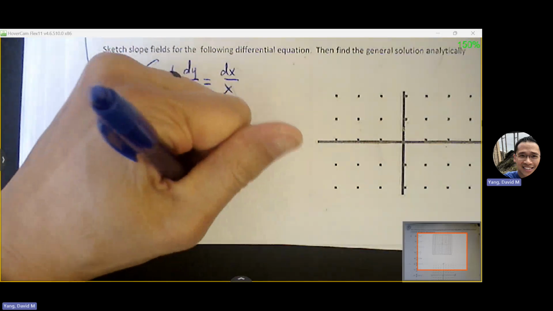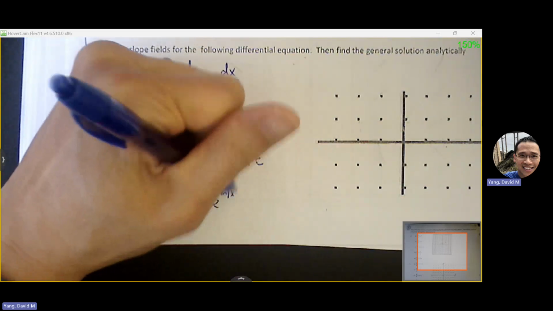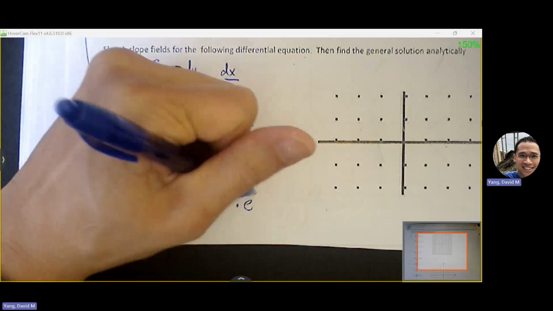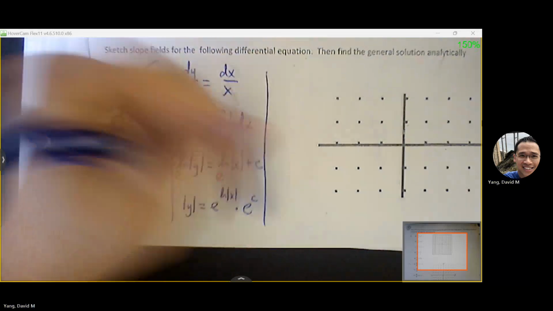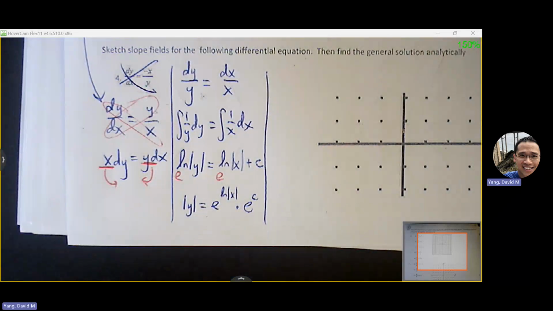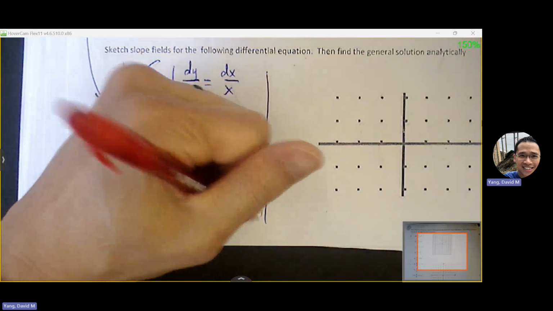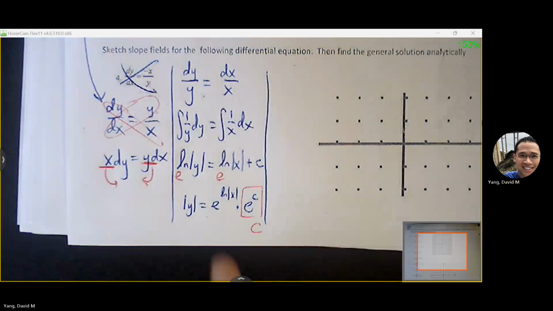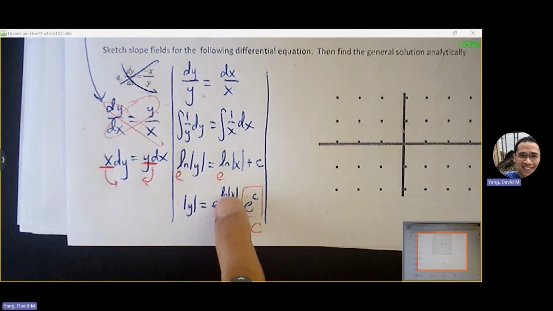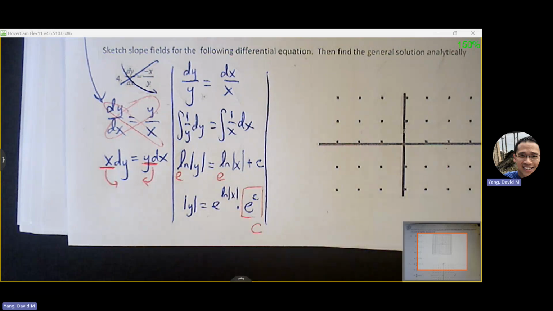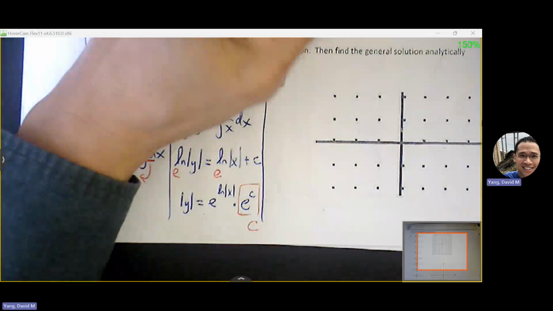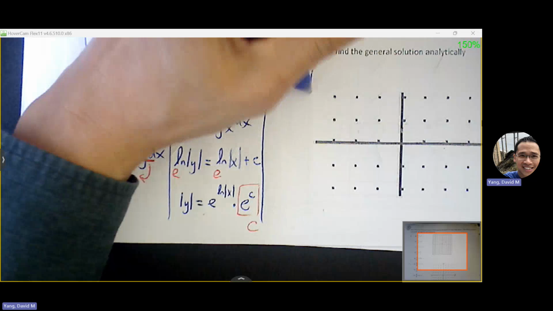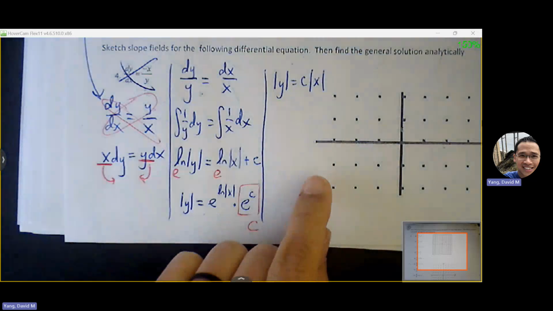So I'm going to say e to the natural log absolute value of x times e to the c. We know e to the c is just one giant c. And I know that e and natural log cancel out, so I can also drop the x down. So I have absolute value of y is equal to c times absolute value of x.